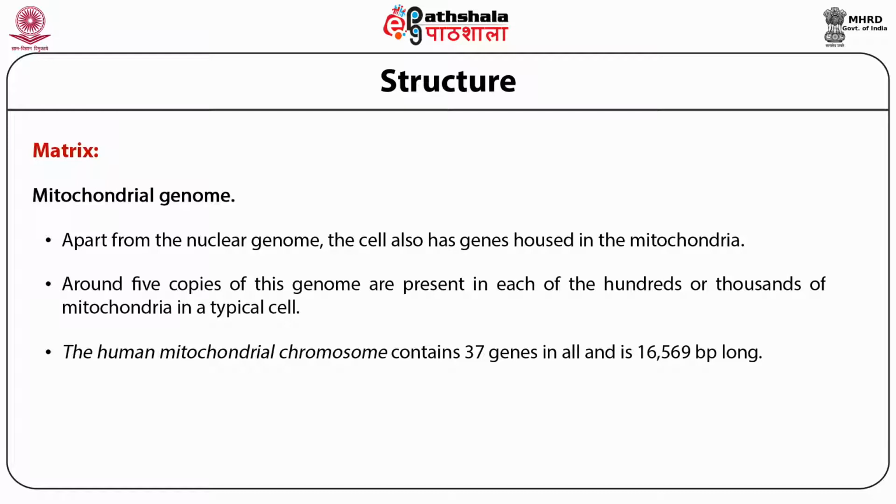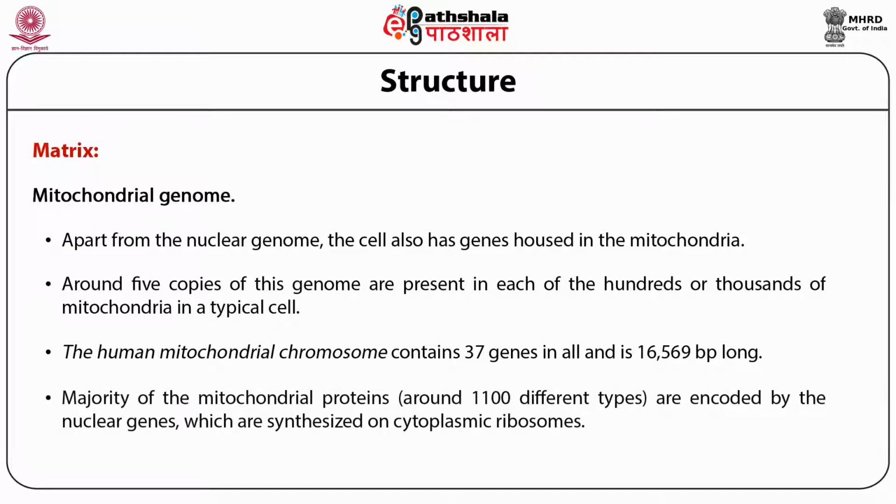Various subunits of proteins of the respiratory chain are encoded by 13 of these genes. The remaining genes code for ribosomal RNA and transfer RNA molecules. These are used for protein synthesis in the mitochondrial matrix.